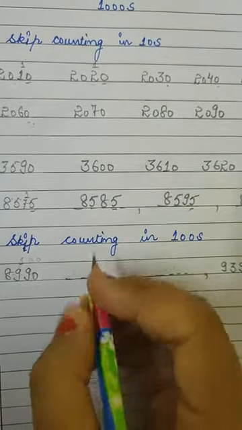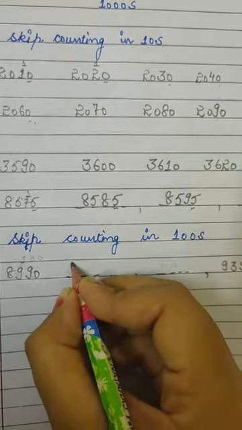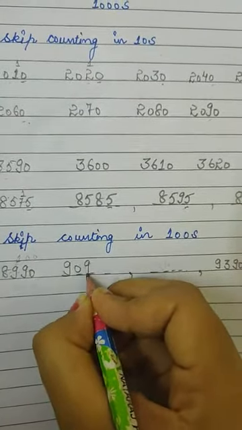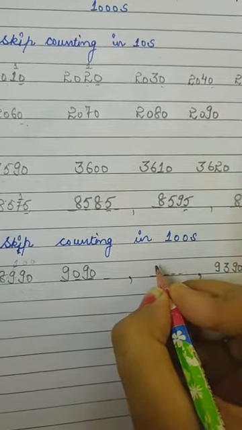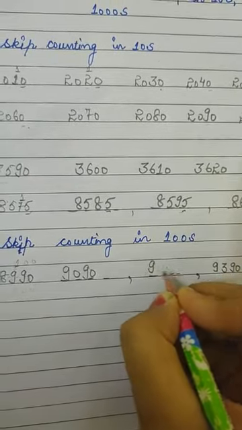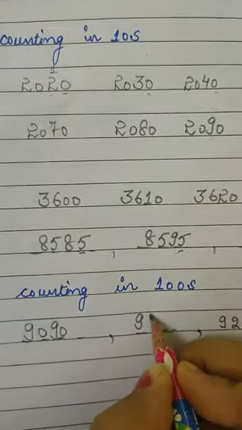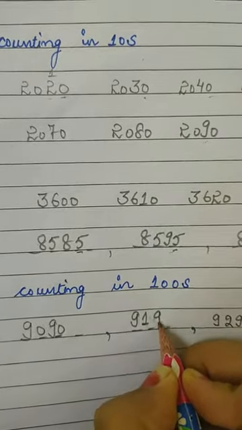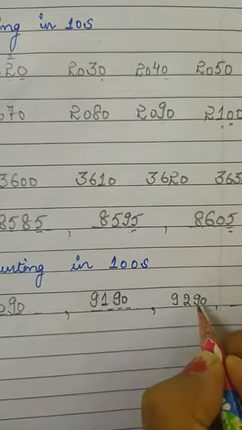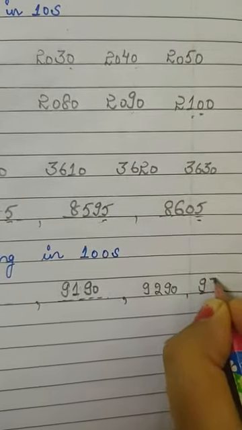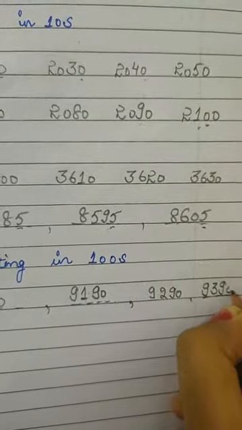So what do you get? 9090, 9190, then 9290, then 9390.